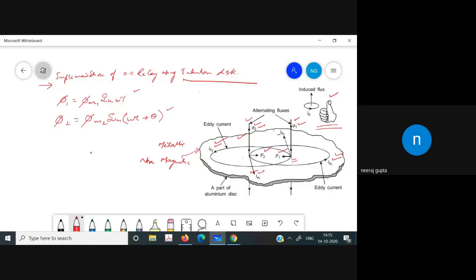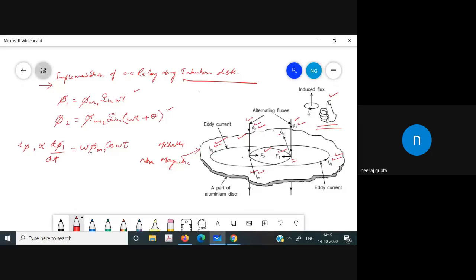So in that case, the current I phi1 is proportional to d phi1 by dt, since the inductance is negligible in the eddy current path. Phi1 we have, and we differentiate it. We get omega phi m1 cos of omega t.